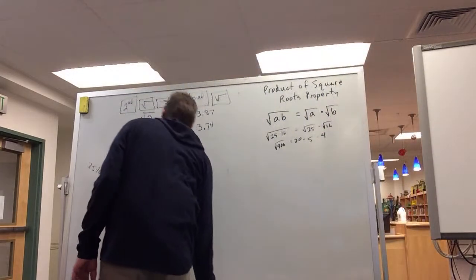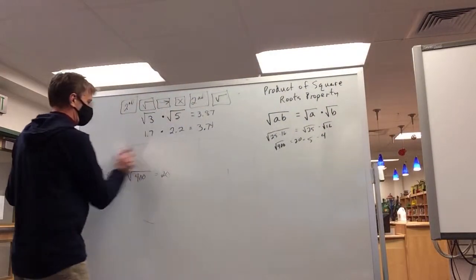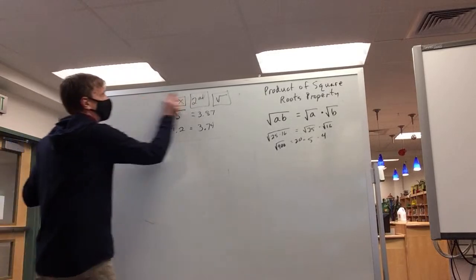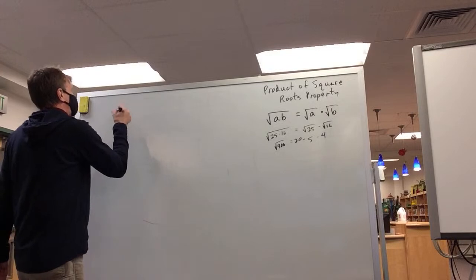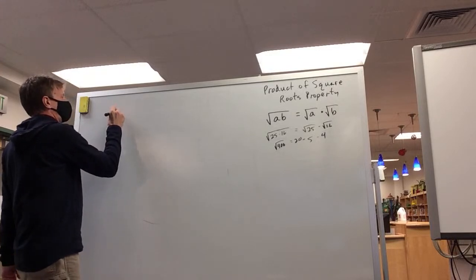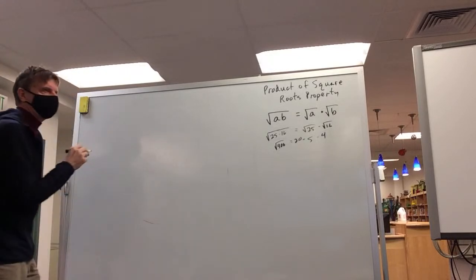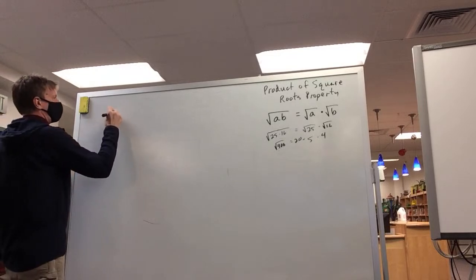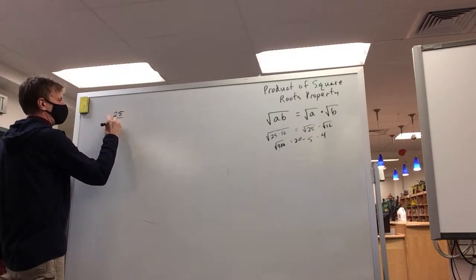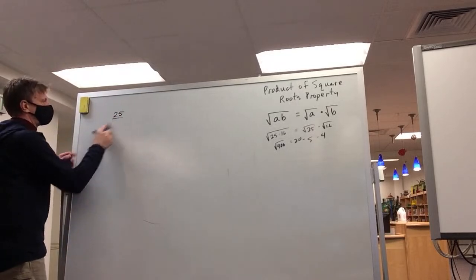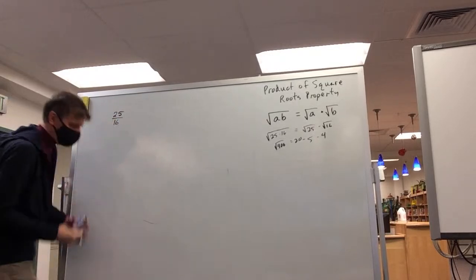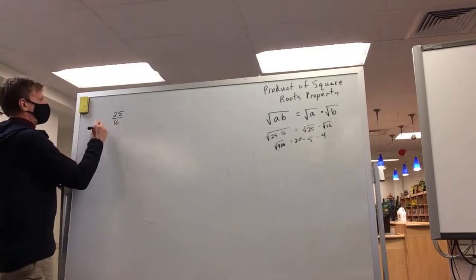Let's do some other ones on your calculator. I'm going to erase a bunch of this. So let's take a fraction like 25 over 4. I'm sorry, 25 over 16. These are the bigger numbers.